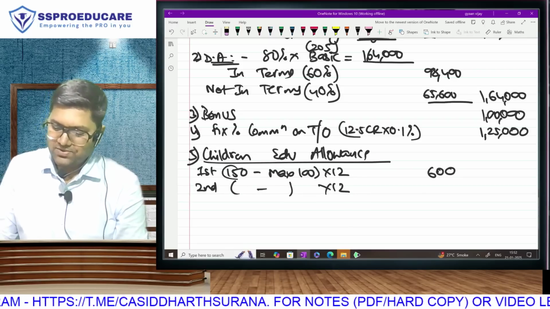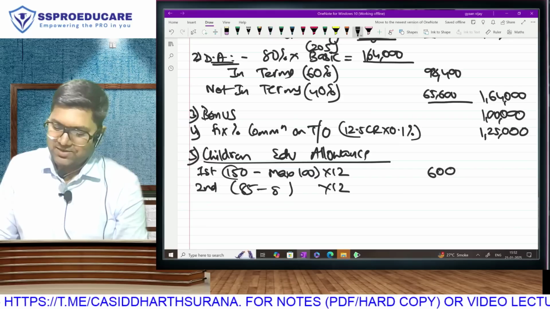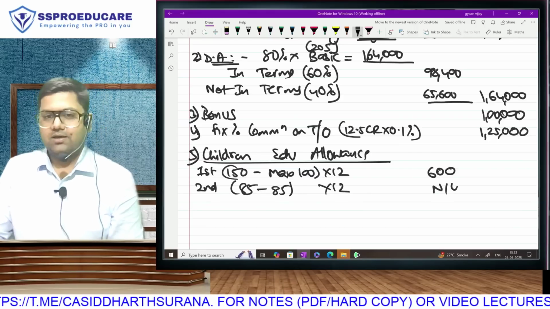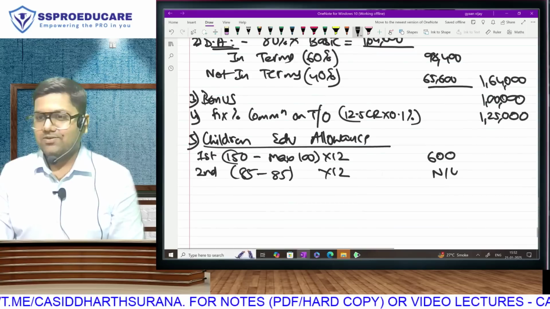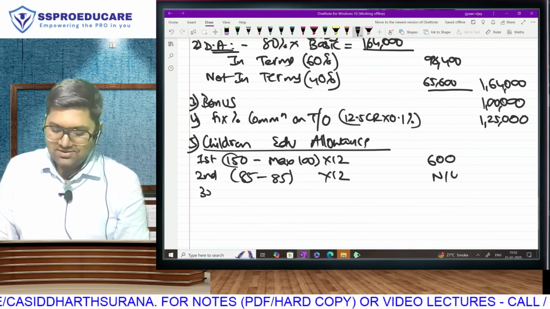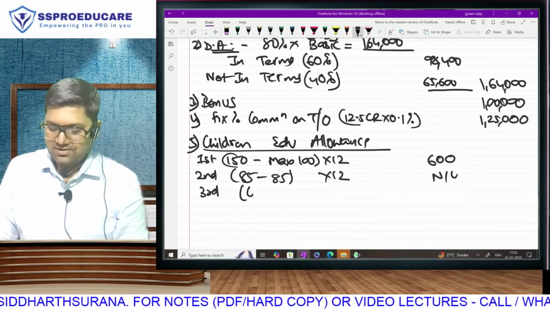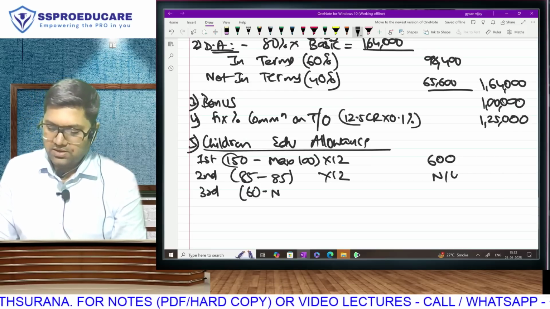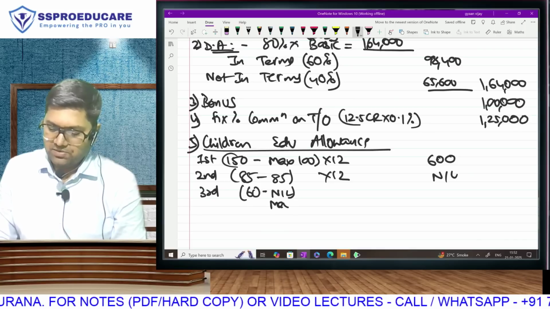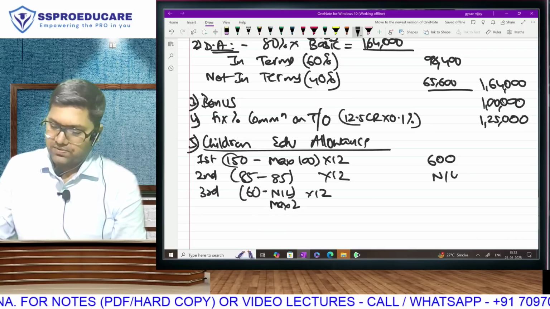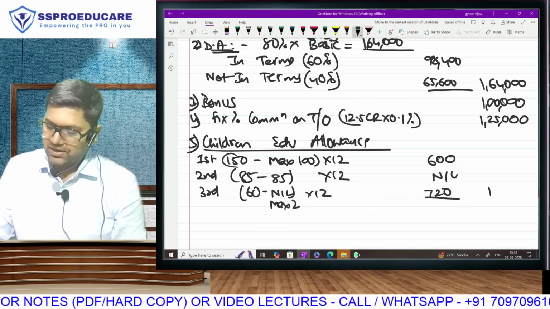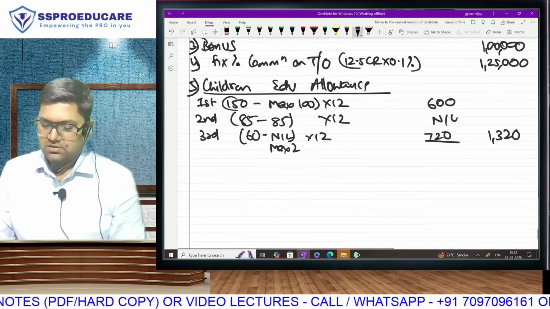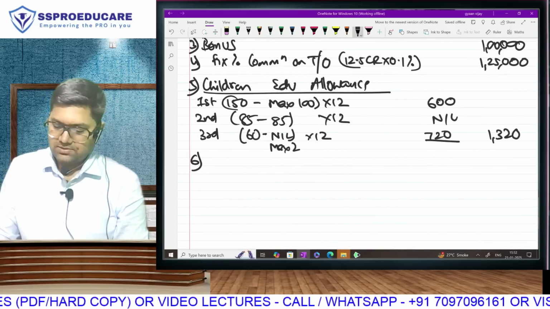How does it matter, bro? 85 minus 85 is same as 80 minus 80. Right, I appreciate. Auditors. Third, 60. Below 100. So 60 minus 60? No. Nil. Sir, why? Because maximum 2 children. So 60 into 12, 720. And total taxable, 1,320. Next.